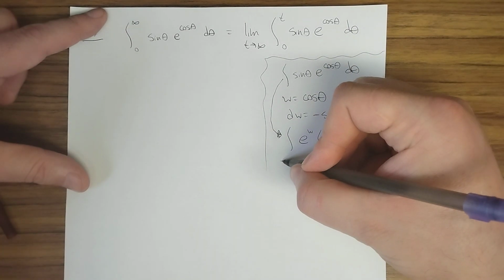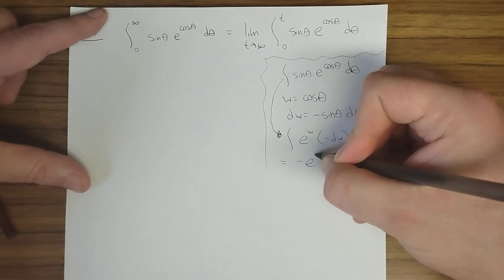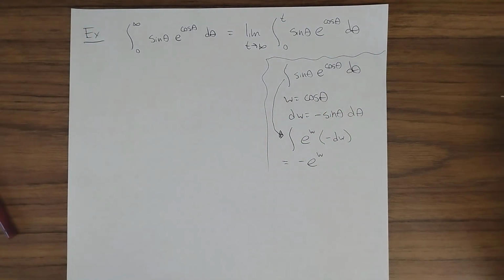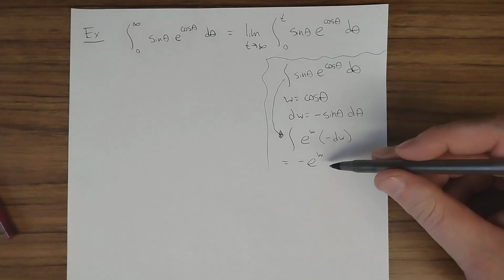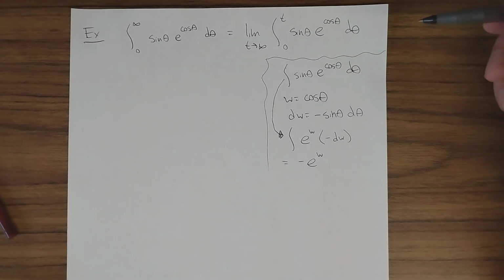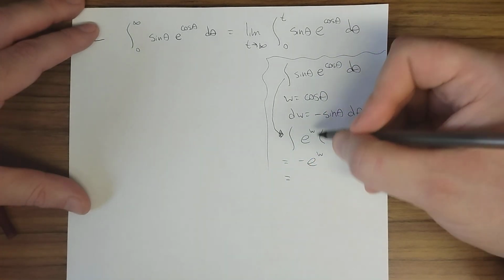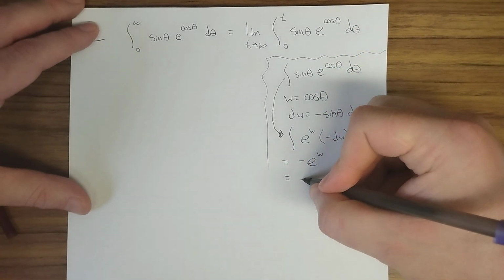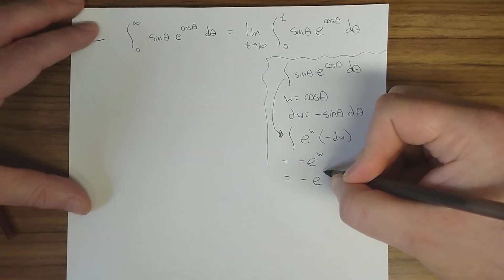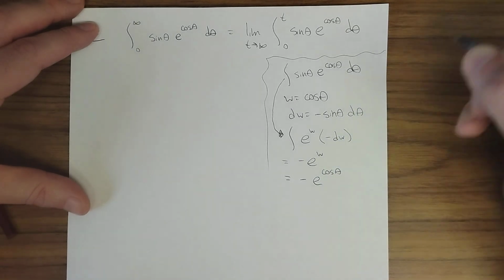Okay, looking good. So the antiderivative is just negative e to the w, and I'm not going to write plus c because of what I'm doing. Let me write this in terms of the original variable theta: negative e to the cosine theta.